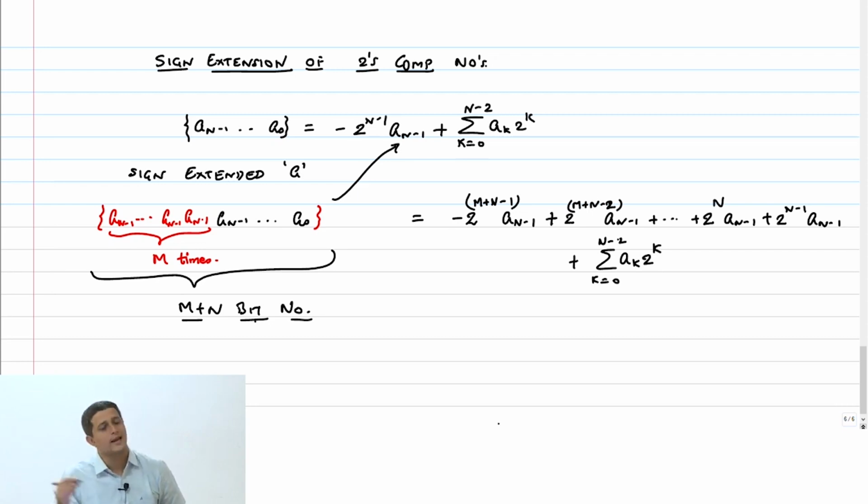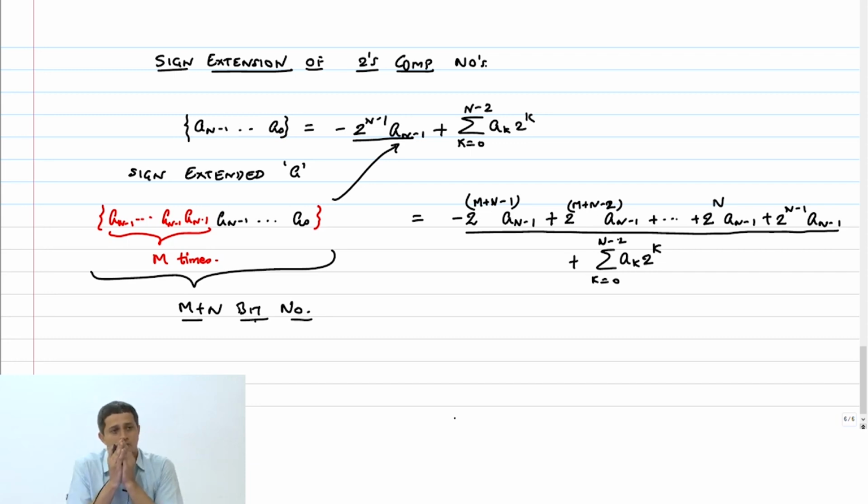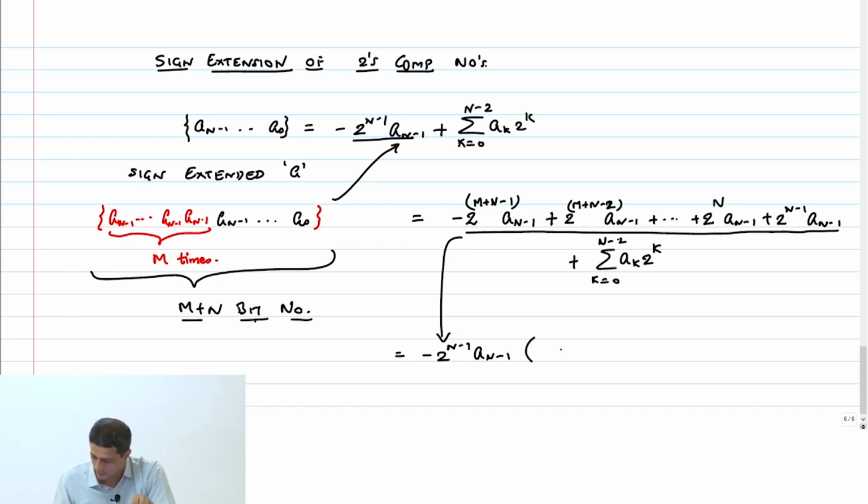Now can you take a n minus 1 common and show that this term value is nothing but this? Take a n minus 1 common and minus 2 power n minus 1 out from here. I am going to write this term as minus 2 power n minus 1 a n minus 1 into the remaining terms.